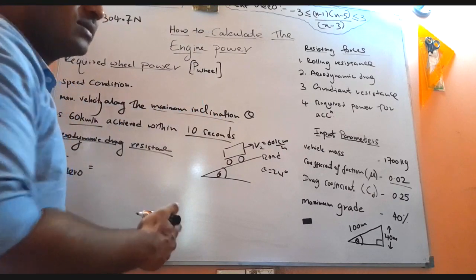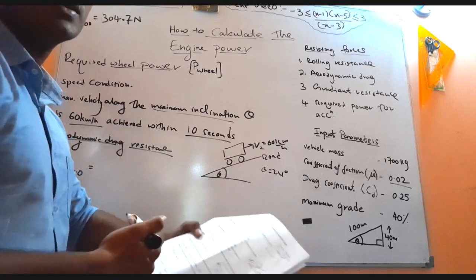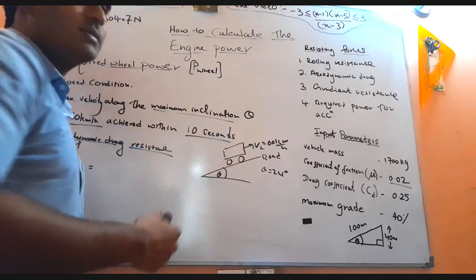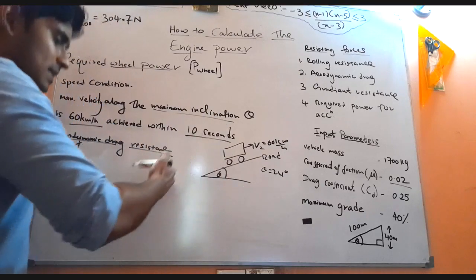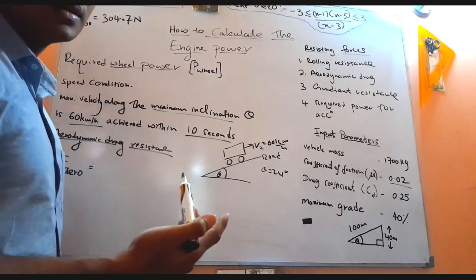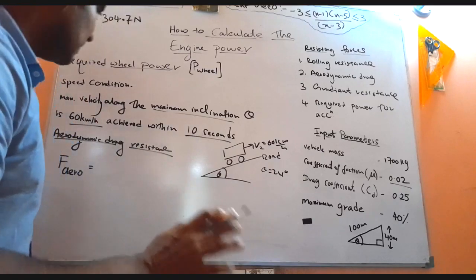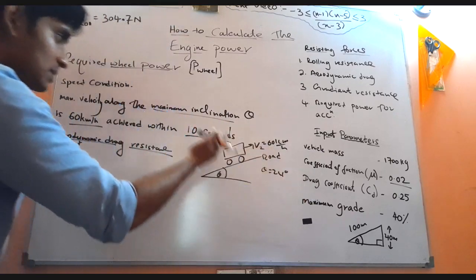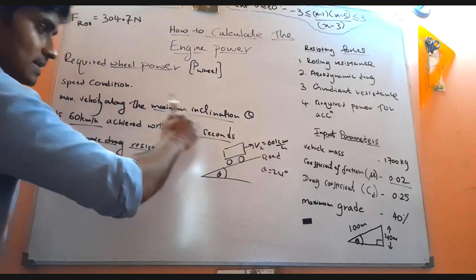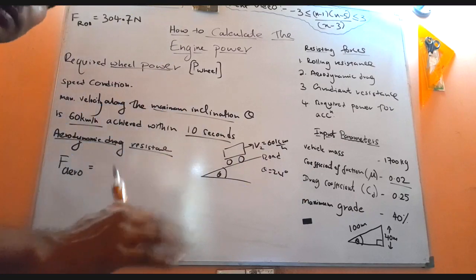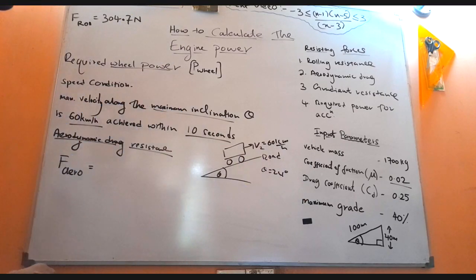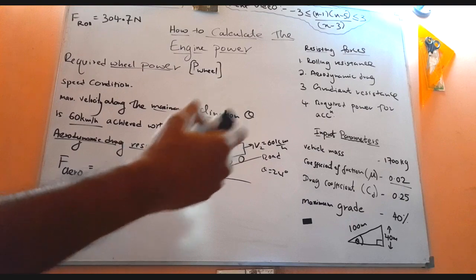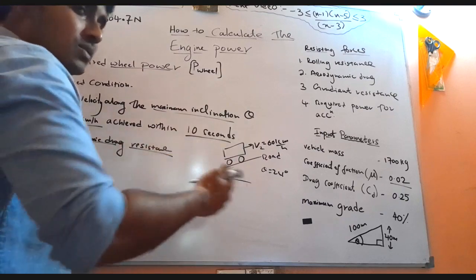You cannot instantly achieve the velocity. To achieve the velocity starting from rest, it takes some time. So we have defined that the maximum velocity of 60 kilometers per hour is achieved starting from rest within 10 seconds. I hope that is clear. So now how to find the aerodynamic drag? I have already explained what aerodynamic drag is.